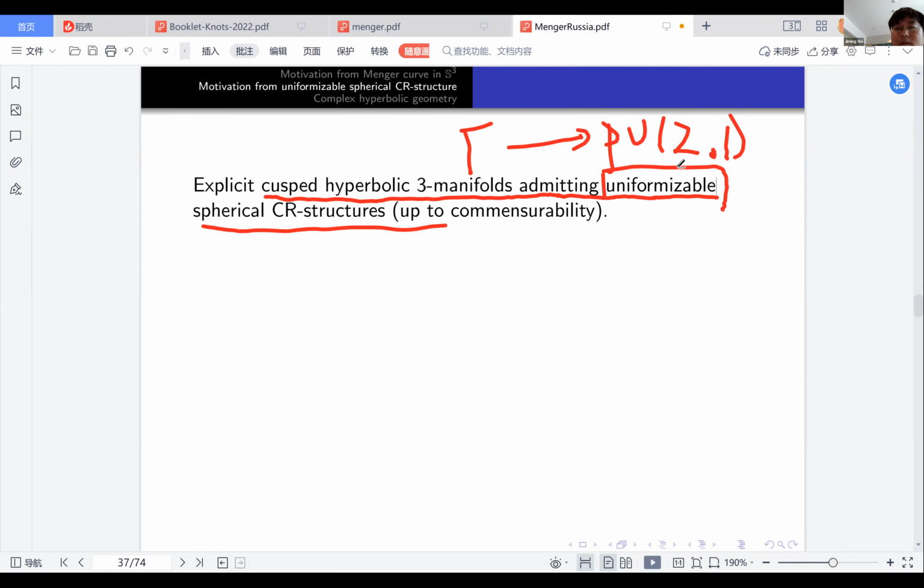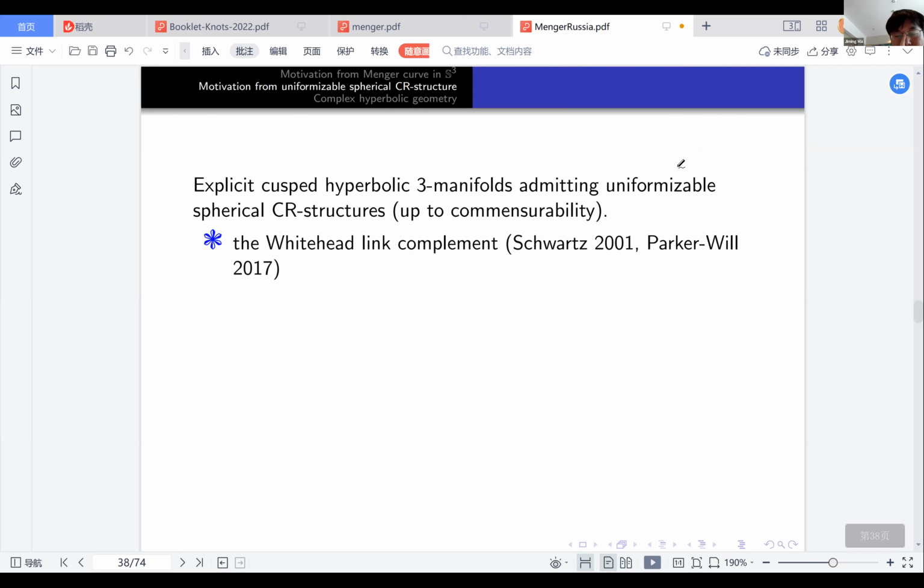So the first one is given by Richard Schwartz in 2001. In fact, he just considered the deformation of the complex hyperbolic ideal triangle group, and got a representation where the group is degenerating. Then he showed the three-manifold at infinity is commensurable to the Whitehead link complement.